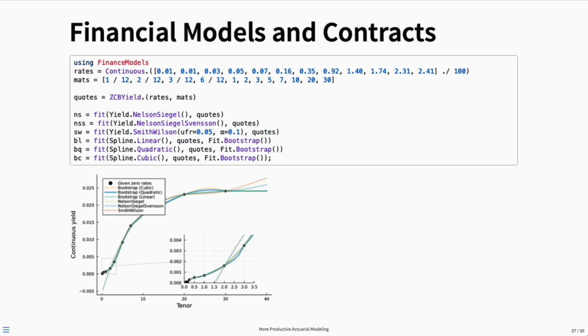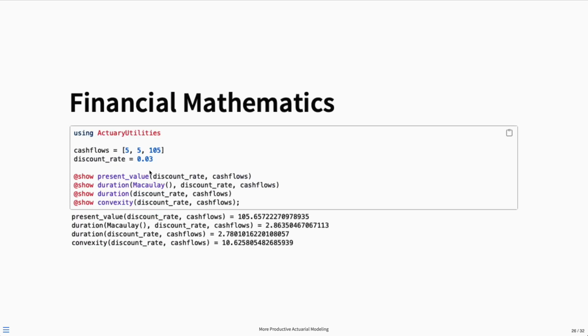Those curves themselves, for example this Nelson-Siegel fitted yield curve, could be used in functions like, on the prior slide, the present value or the duration. So we're able to use an entire term structure of rates in the same function that we've defined here, present value or duration or convexity.